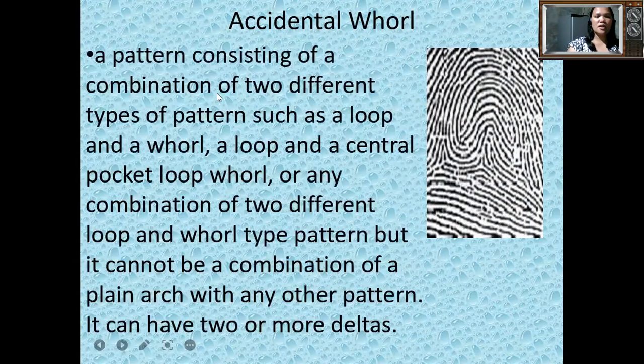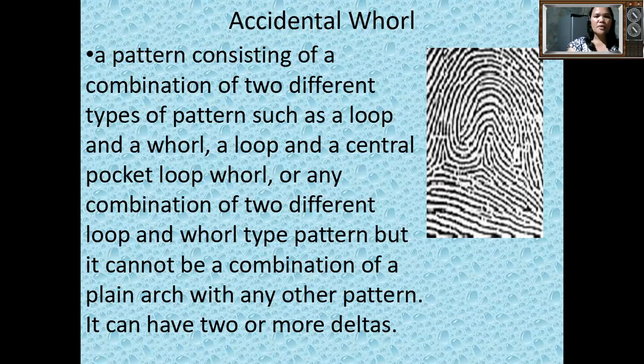Accordingly, based on the definition of an accidental whorl, it consists of a combination of two different types of pattern, such as a loop and a whorl, a loop and a central pocket loop whorl, or any combination of two different loop and whorl type patterns, but it cannot be a combination of a plain arc with any other pattern area. It can have two or more deltas.